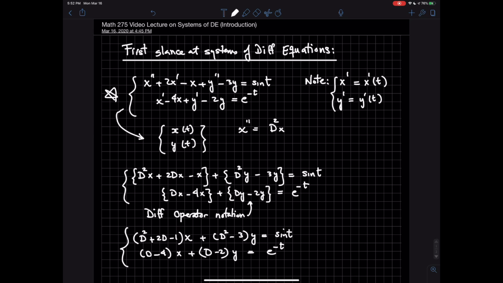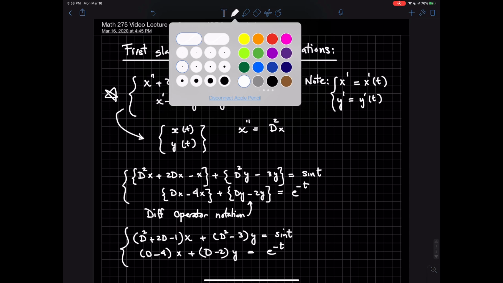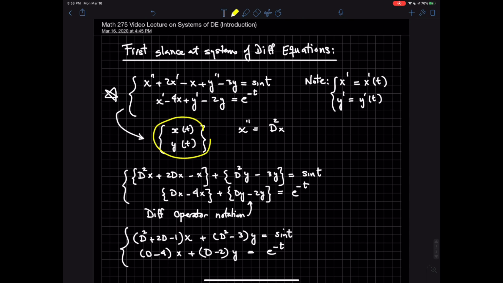So when I'm writing x prime, I basically mean x prime of t. And when I'm writing y prime, I basically mean y prime of t. So here t is my independent variable and x and y are my dependent variables. And a solution to the system of differential equations would basically mean I need to find these two things. I need to find x of t and y of t. And that's what we're trying to look for and find.